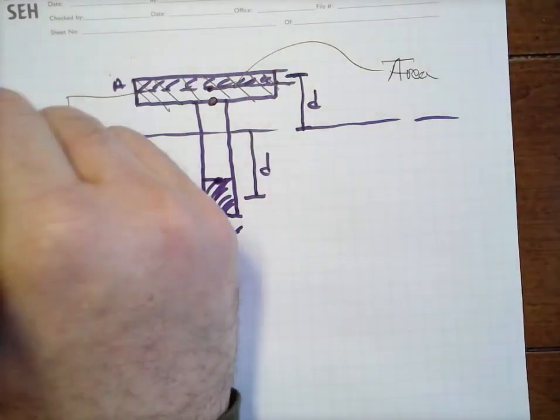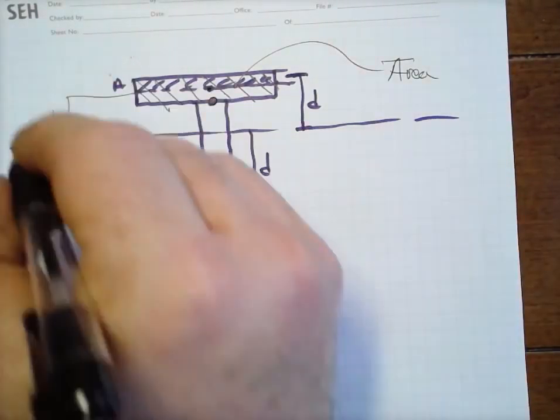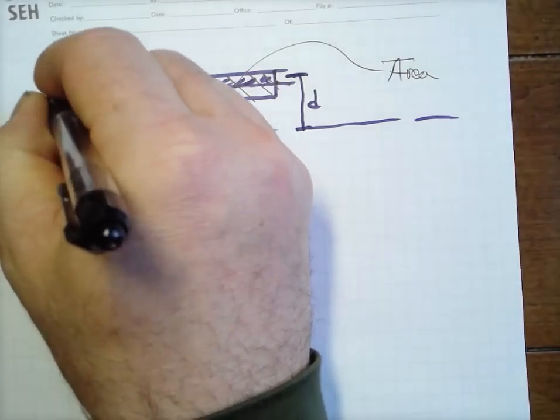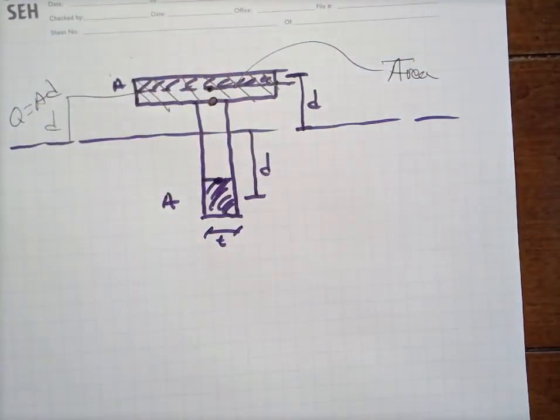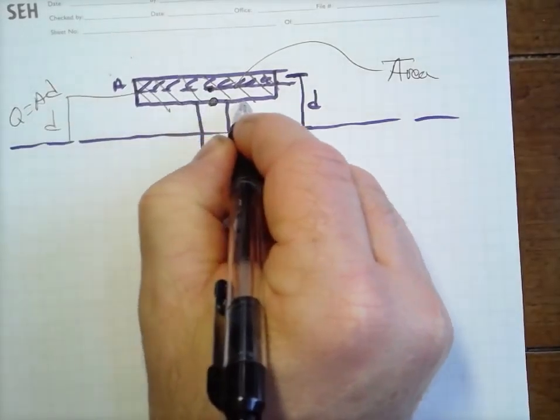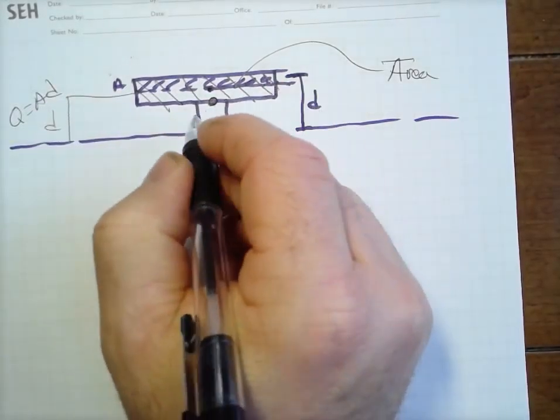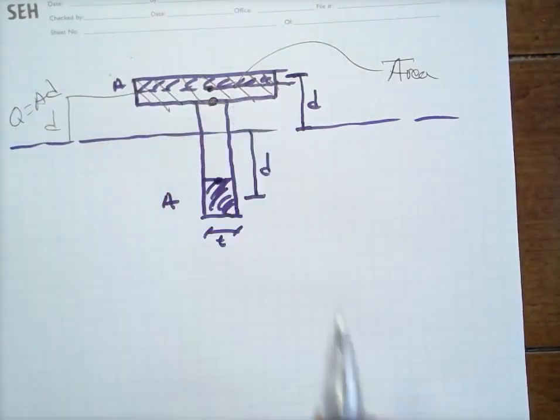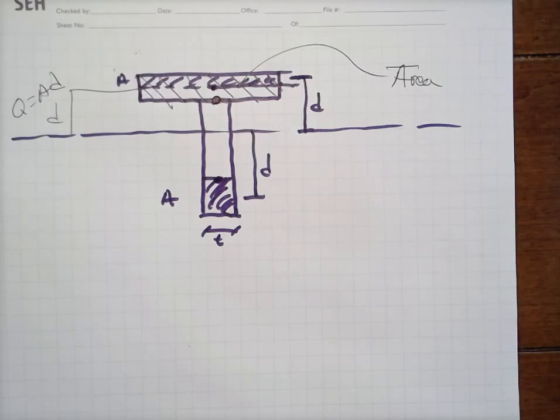That would be Q. But what would we use for T? Would we use this value of T? Or would we use this value of T? And the answer is yes. We would use them both.